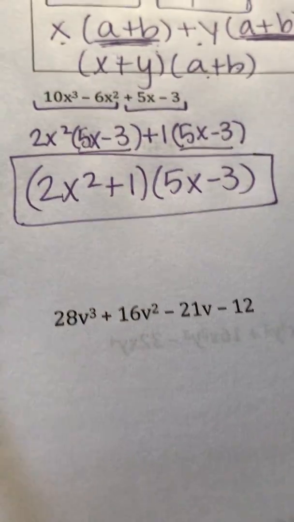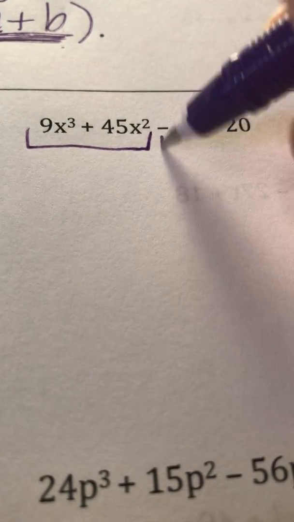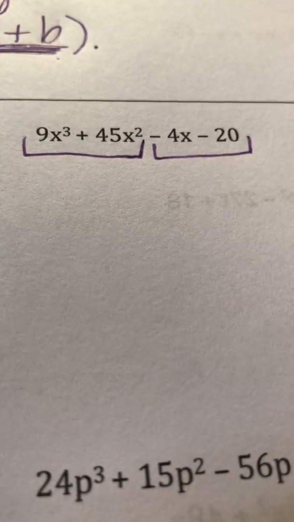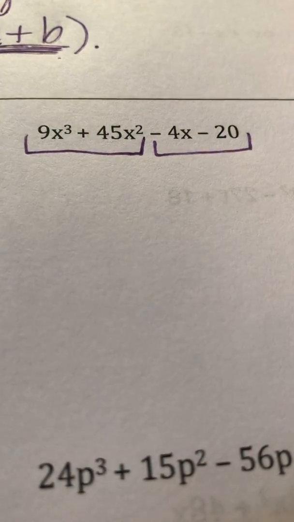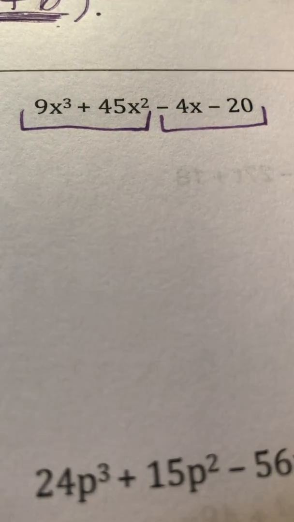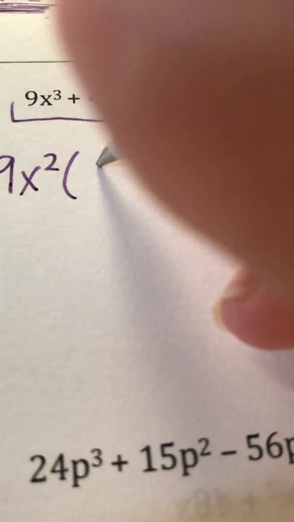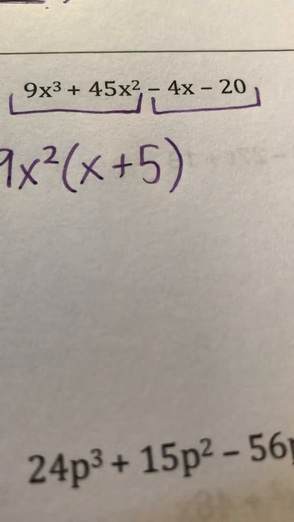All right, let's take a look at the next one. Over here, again, we're going to group our first 2, group the second 2. Now, when I group these two, I know that my greatest common factor between 9x cubed and 45x squared is going to be 9x squared. And what I'm left with is x plus 5.